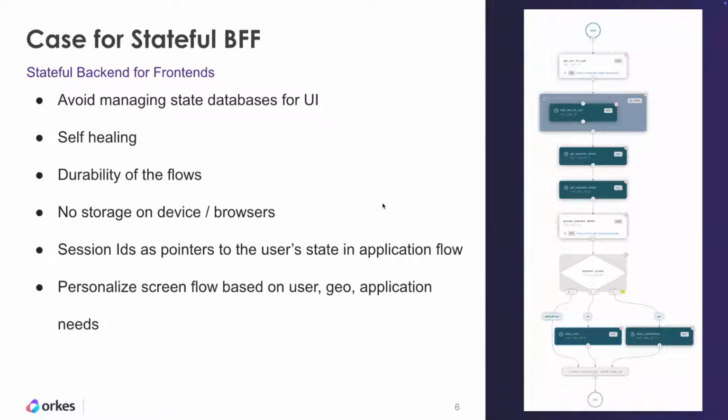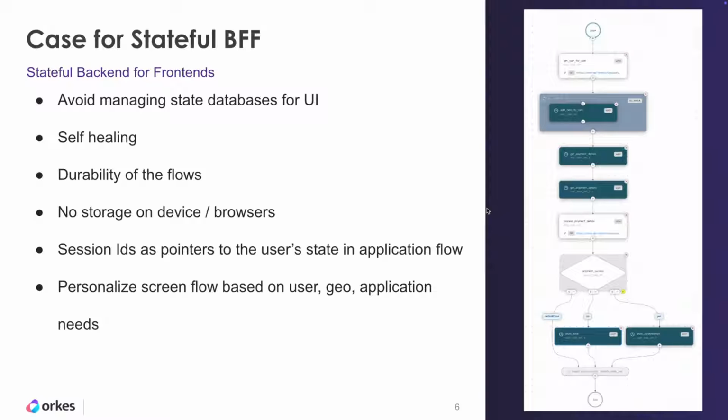Basically, the backend for frontend will avoid you managing a state database for the UI, right? It's self-healing because you can address an exception, an error, with a flow. You have flows that are durable much more than within the UI itself, right?